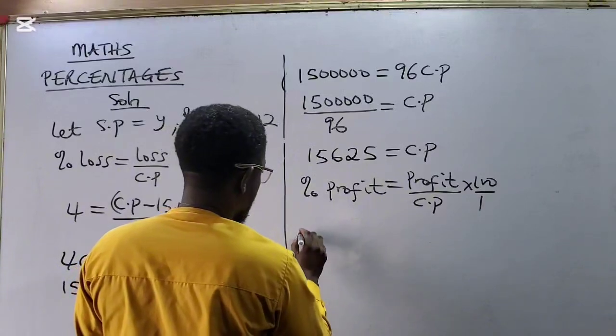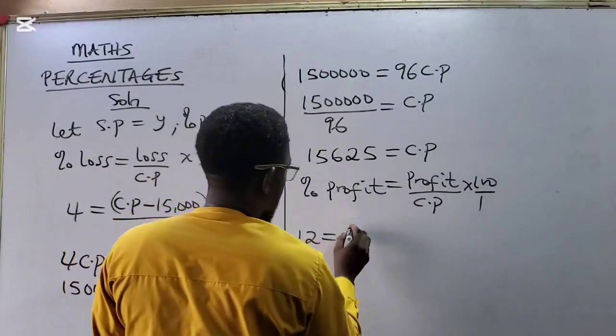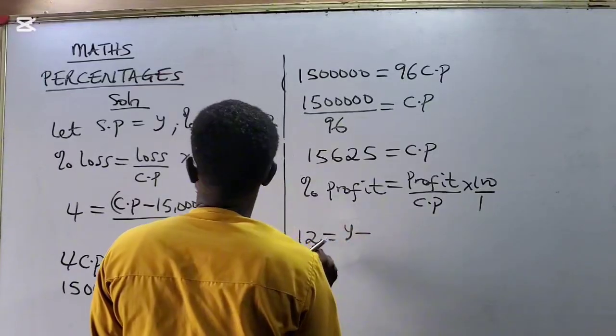The percentage profit is 12. We made a profit of 12%. The profit is the selling price, which is y, minus the cost price.